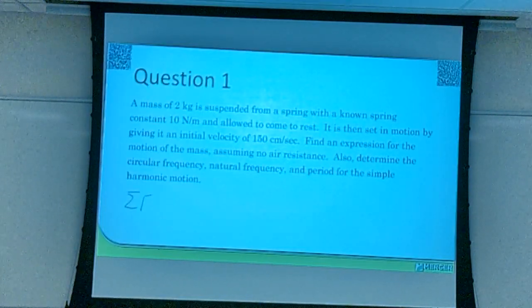Starting from Newton's second law, sum of forces is equal to ma, mass times acceleration. And by the way, Newton's wrong. That is not actually true. Sum of forces is the change in momentum with respect to time.